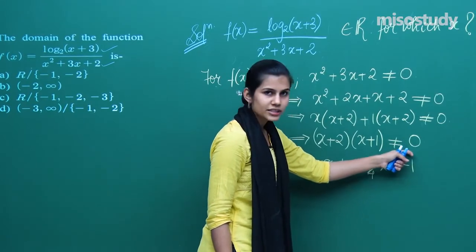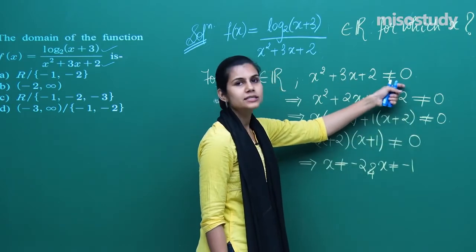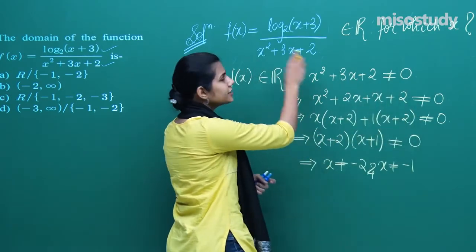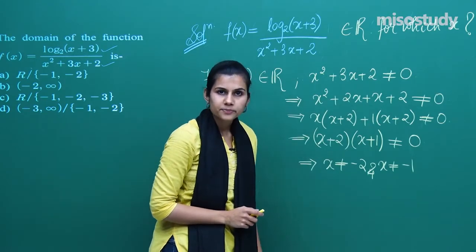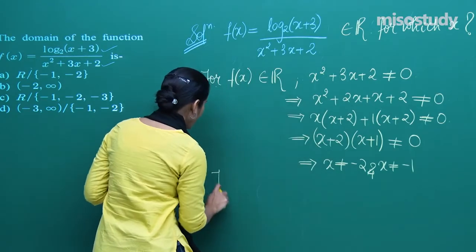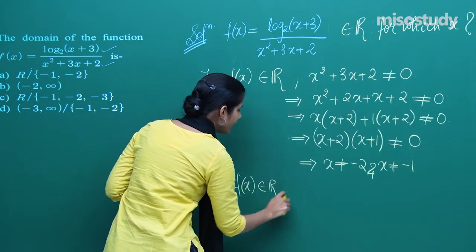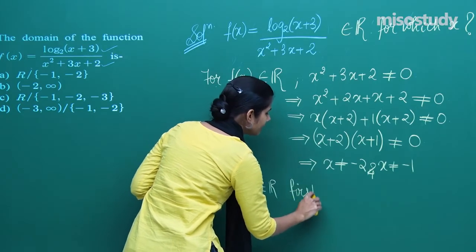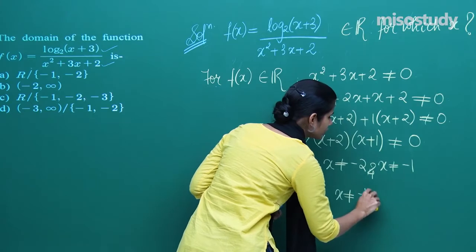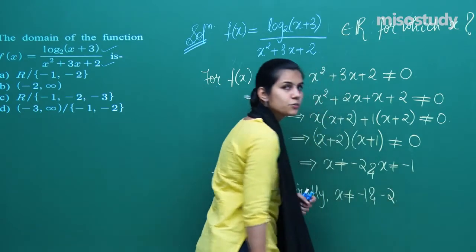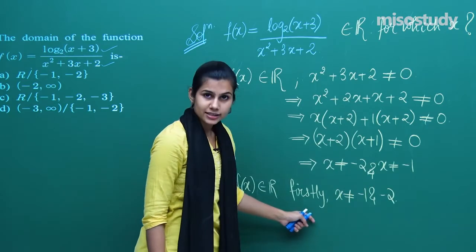And I don't want it to be 0, because if the denominator turns out to be 0, my function will not be sitting inside R. That is why for f(x) to belong to R, firstly I want that my x should not be equal to minus 1 and minus 2. Done? Problem solved? Not yet.